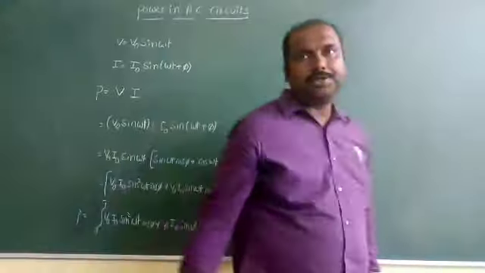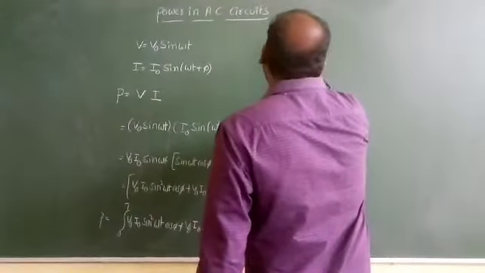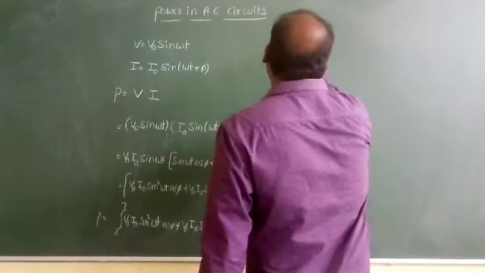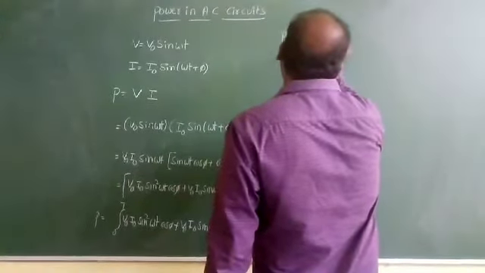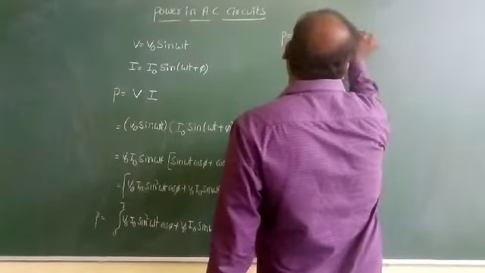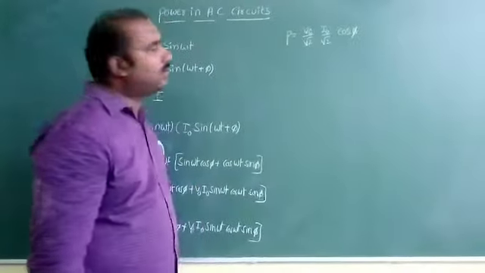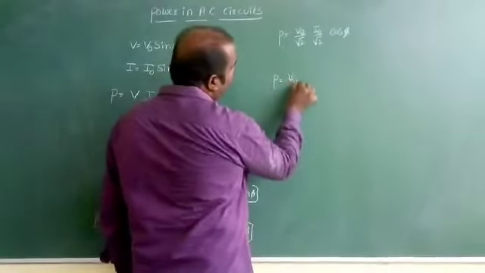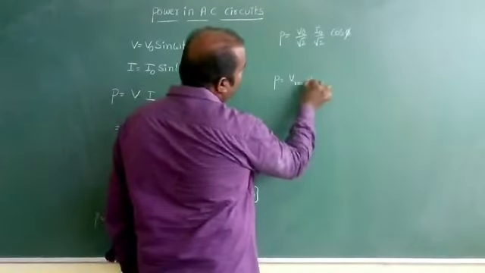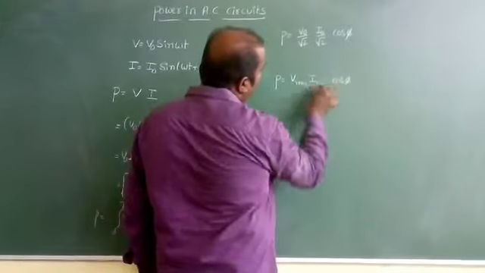By solving that equation, finally we get the power equation P is equal to V naught by root 2 into I naught by root 2 into cos phi, or you can write P is equal to VRMS IRMS cos phi.